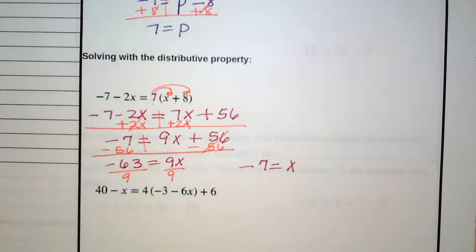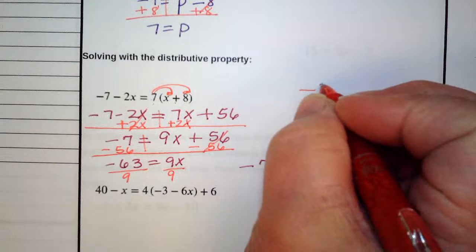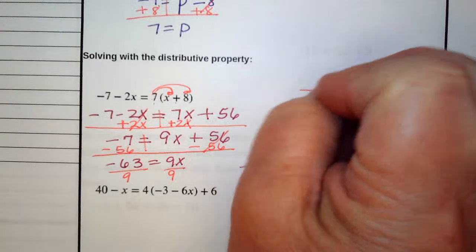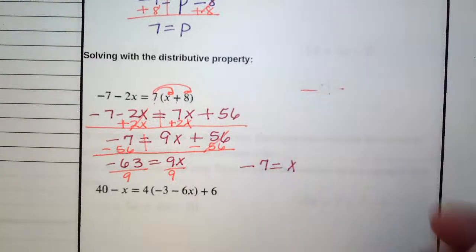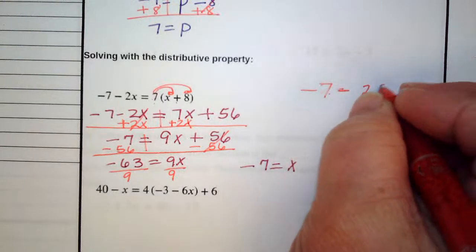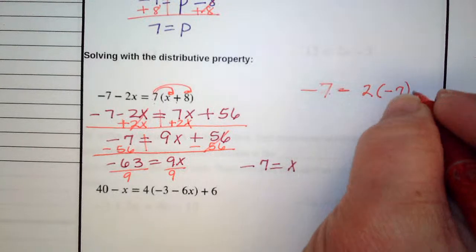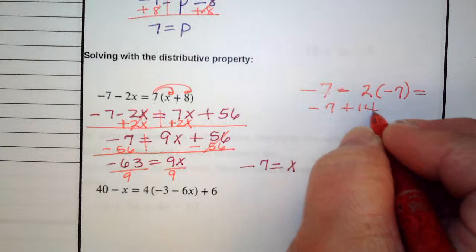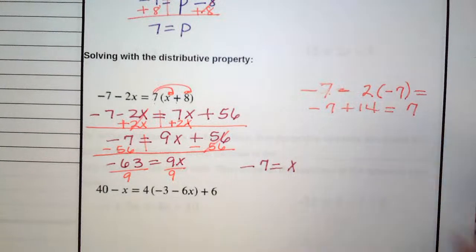Once more, I want to check my answers. So I'm going to start with the first one. Negative 7 minus 2 times negative 7. Negative 7 plus 14 is equal to 7.